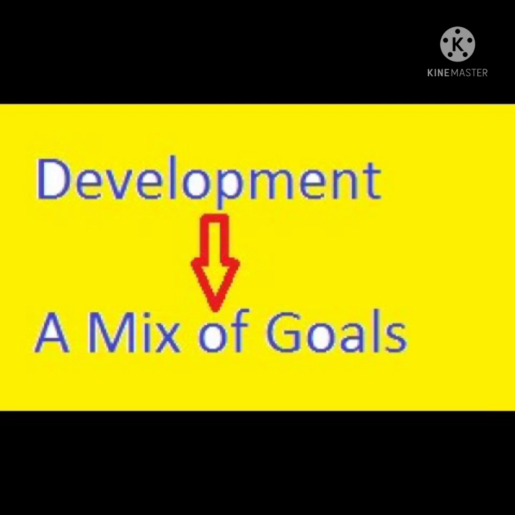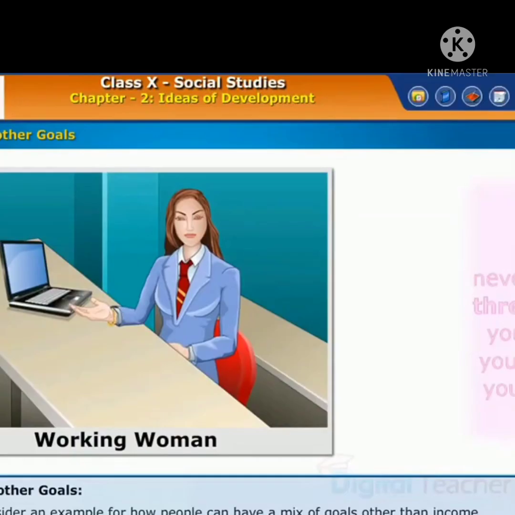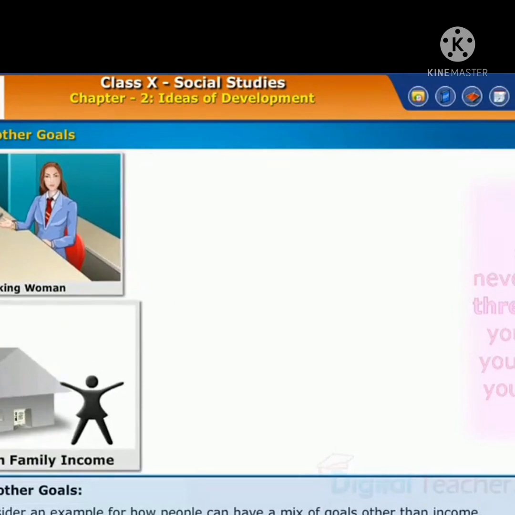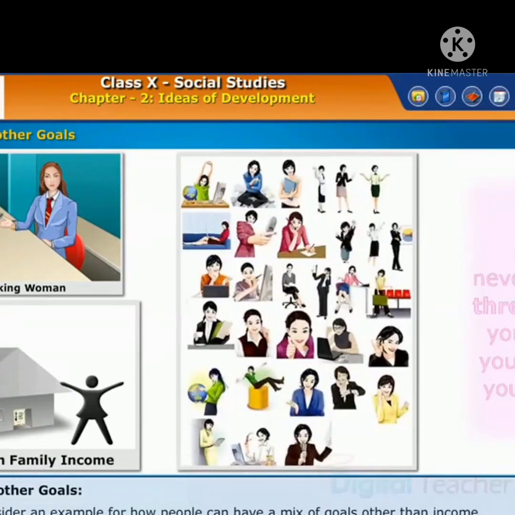Another example: for development, people look at a mix of goals. That is, if women are engaged in paid work, the family income increases and their dignity in the household and society increases.